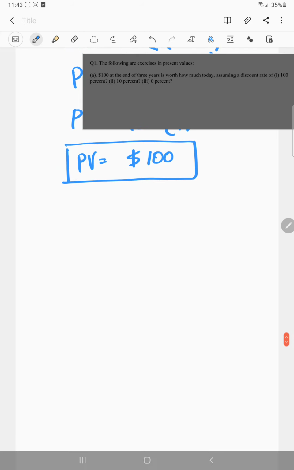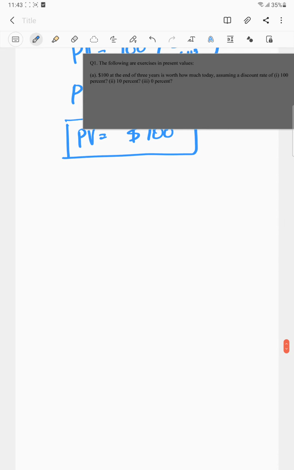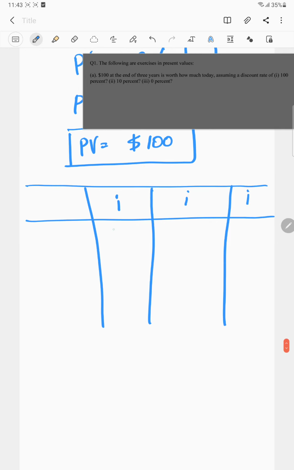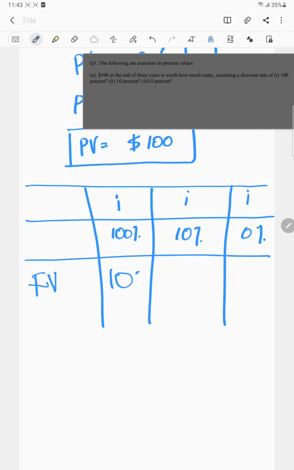Before we conclude today's session, I want to present you the 3 scenarios. In the first scenario, our interest rate was 100%, then it was 10%, then it was 0%. Our future values were the same in all 3 cases, and our n was the same, 3 years.